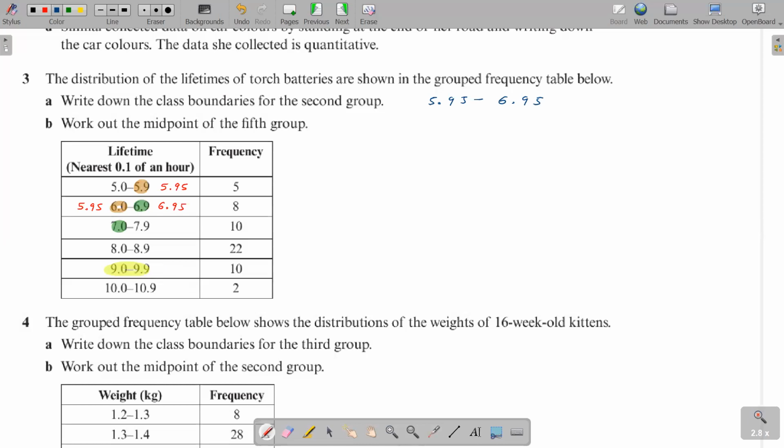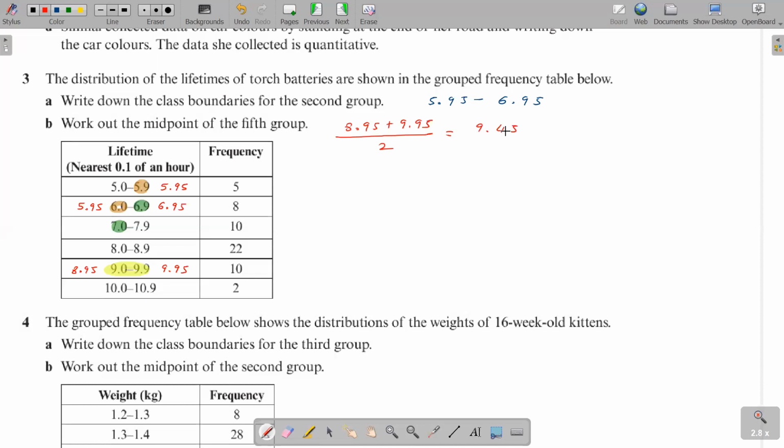What are the corrected class boundaries for 9.0? 8.95, and this one is 9.95. So mid value is what? What is the midpoint? You have to add 8.95 with 9.95 and divide by 2. 8.95 plus 9.95 divided by 2, answer is 9.45. So that is the midpoint of the fifth group.